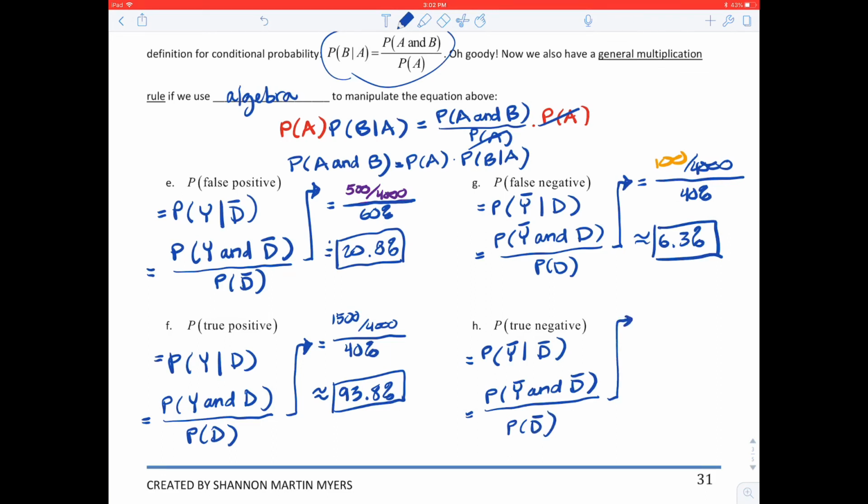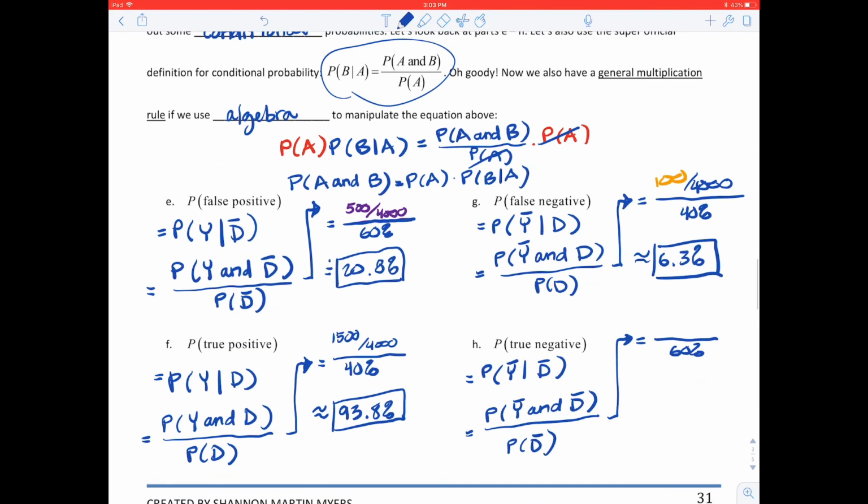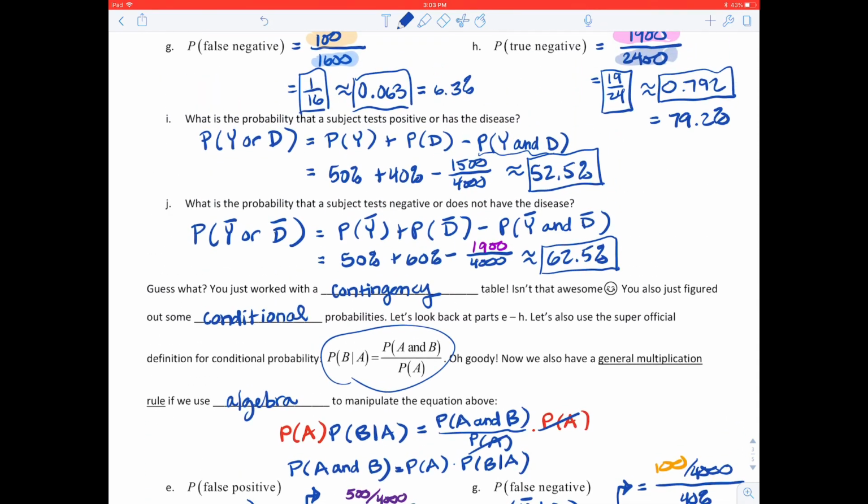The probability of not having the disease was 60%, and the probability of the intersection we had gotten up here: 1,900 over 4,000. That ends up giving us approximately 79.2%. And checking it out, it matches what we got up here.